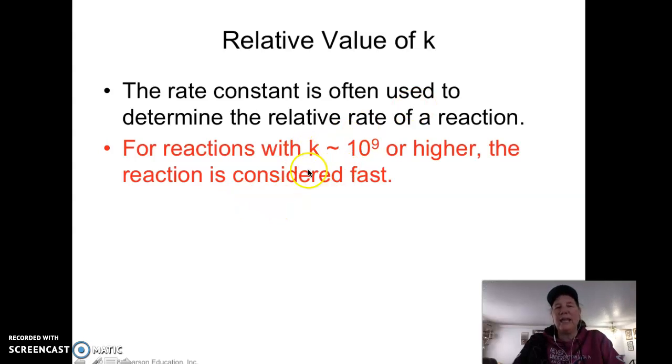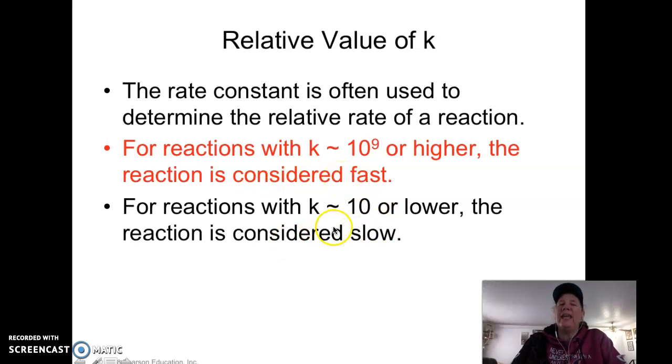If it was 10 to the 8th, 10 to the 7th, it would be not quite as fast, but it'd still be pretty good. If K is just 10, like in this case, we got 1.23 for that, that would be a much slower reaction. So K can help you determine just by looking at it if it's a fast reaction or a slow reaction. Okay.